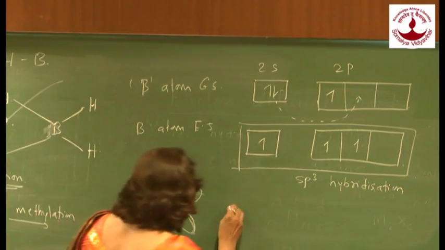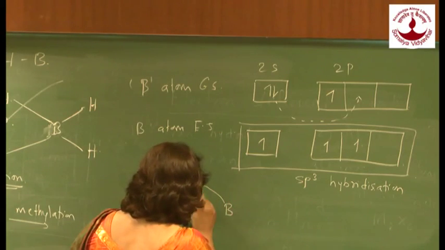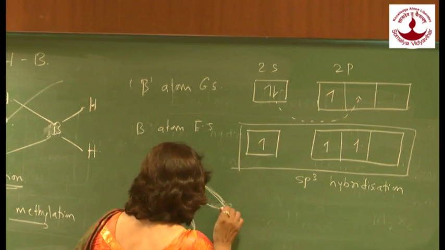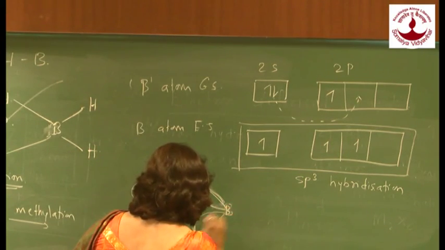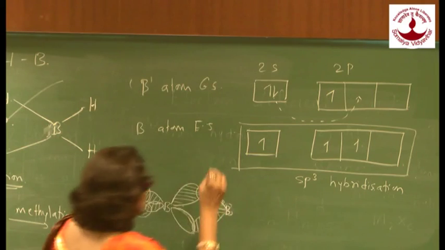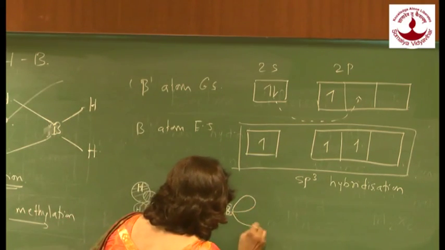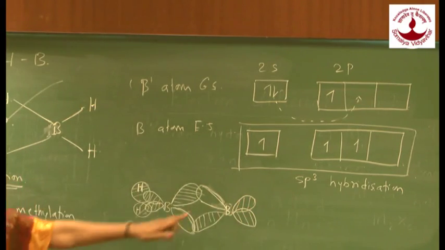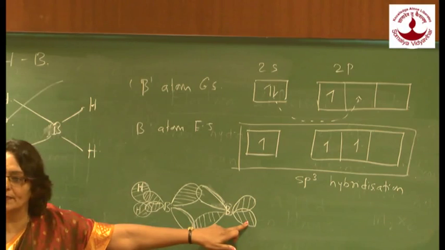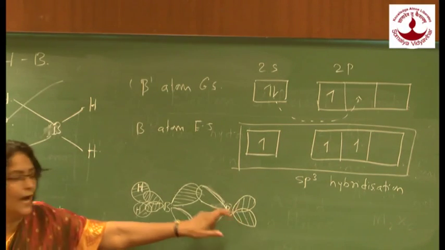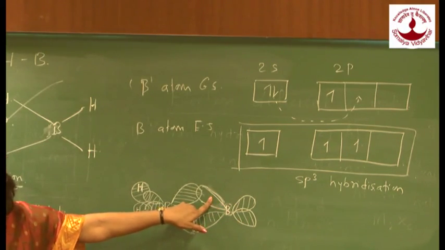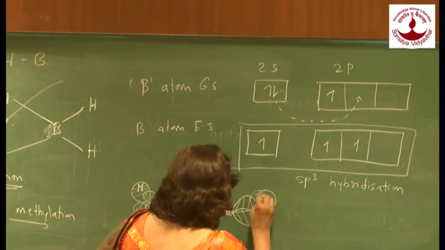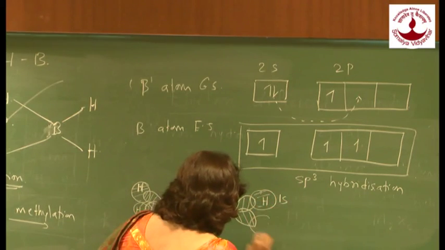Now on this side also, this boron has 3 sp3 hybrid orbitals which have a single electron and a 4th orbital which is vacant. So these 2 orbitals overlap with the 1s orbital of hydrogen.